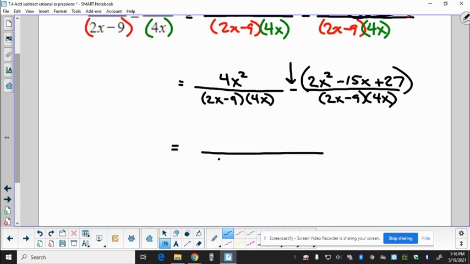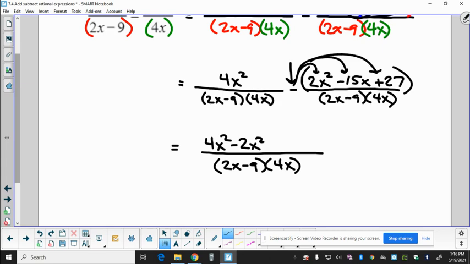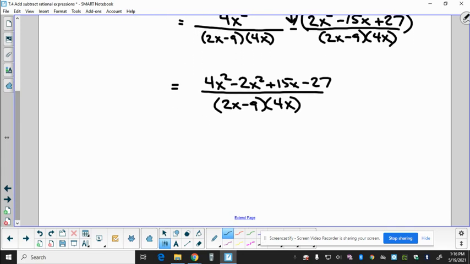All right, so we got 2x minus 9, 4x. So this is really going to be 4x squared minus 2x squared. I'll write this out. Plus 15x minus 27. So I'm going to go one more line on this.